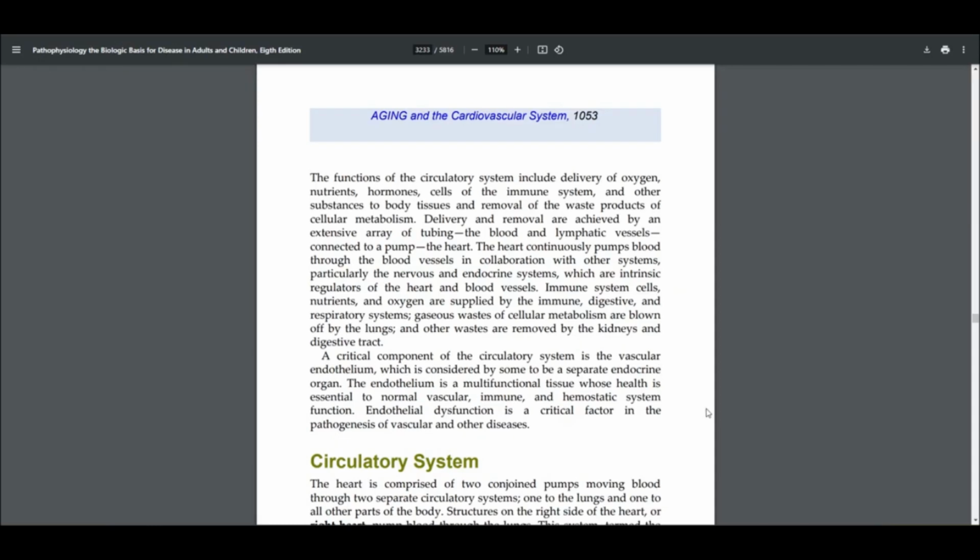The endothelium is a multifunctional tissue whose health is essential to normal vascular, immune, and hemostatic system function. Endothelial dysfunction is a critical factor in the pathogenesis of vascular and other diseases.